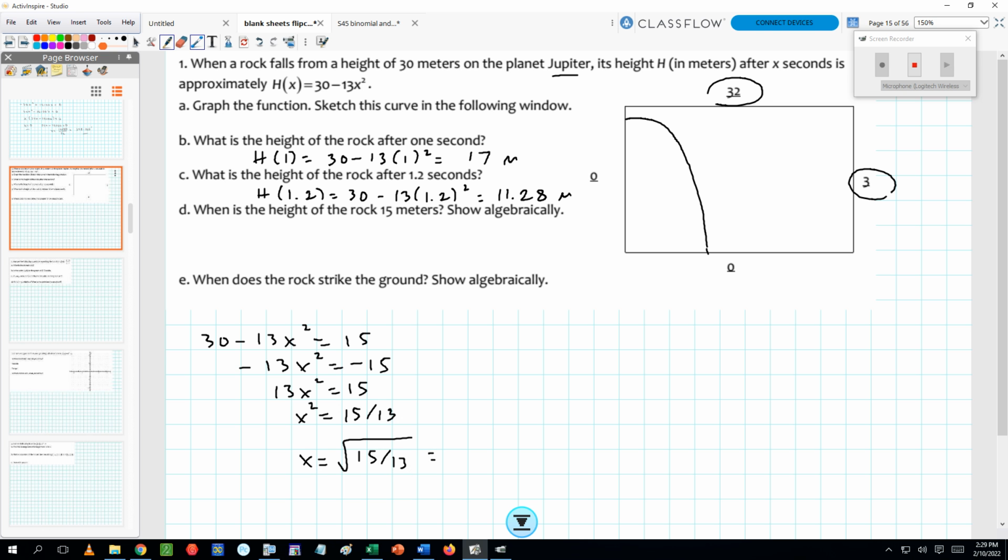When does the rock strike the ground? Same thing, but we'll replace the 15 with 0. I'm going to subtract the 30 over, do a sign change, divide out the 13 and do a square root.